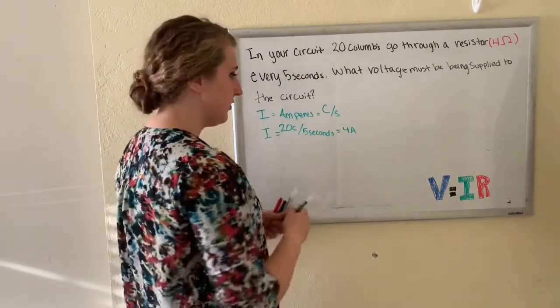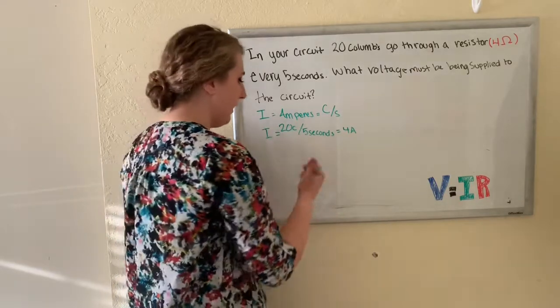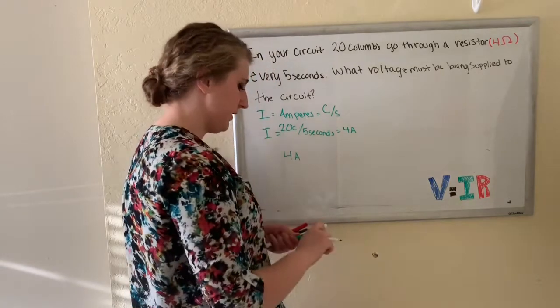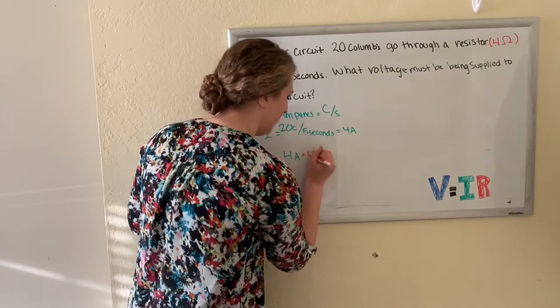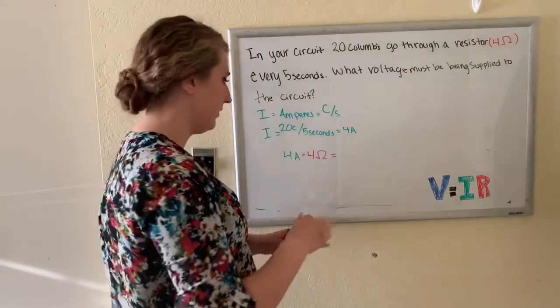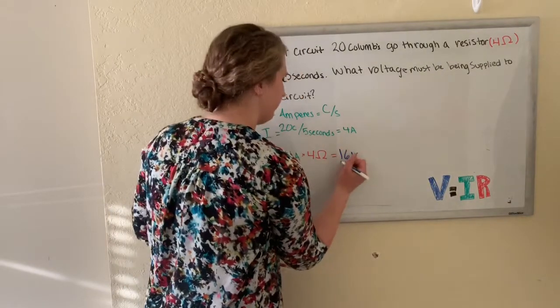Then we can just put this into our handy dandy Ohm's law and say that 4 amperes times 4 ohms is going to be equal to 16 volts.